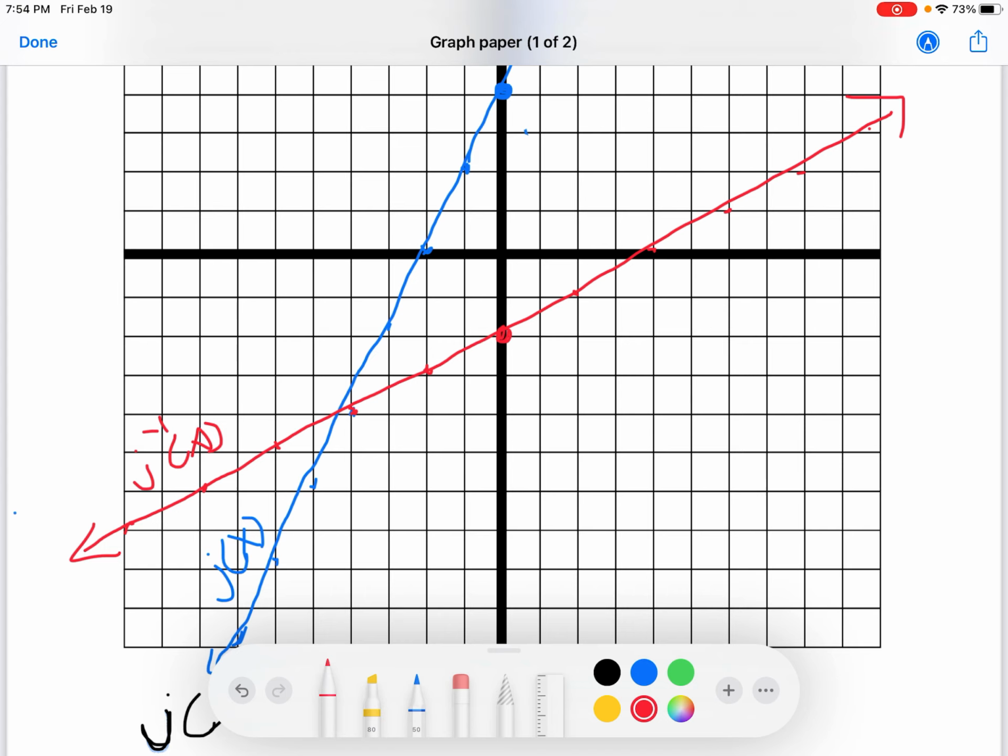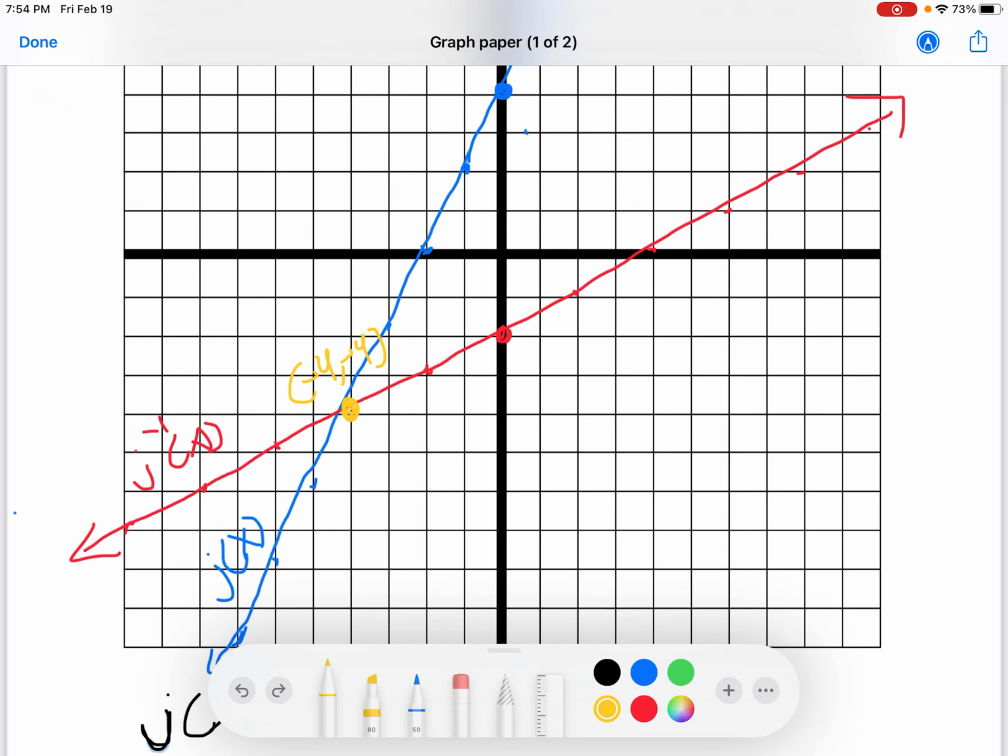Now, what do we notice? We notice that there is one point where they connect, and that's right here, at the point -4, -4. Why is that? That's because all of the points at which these functions land need to be reversed to get to the other function.